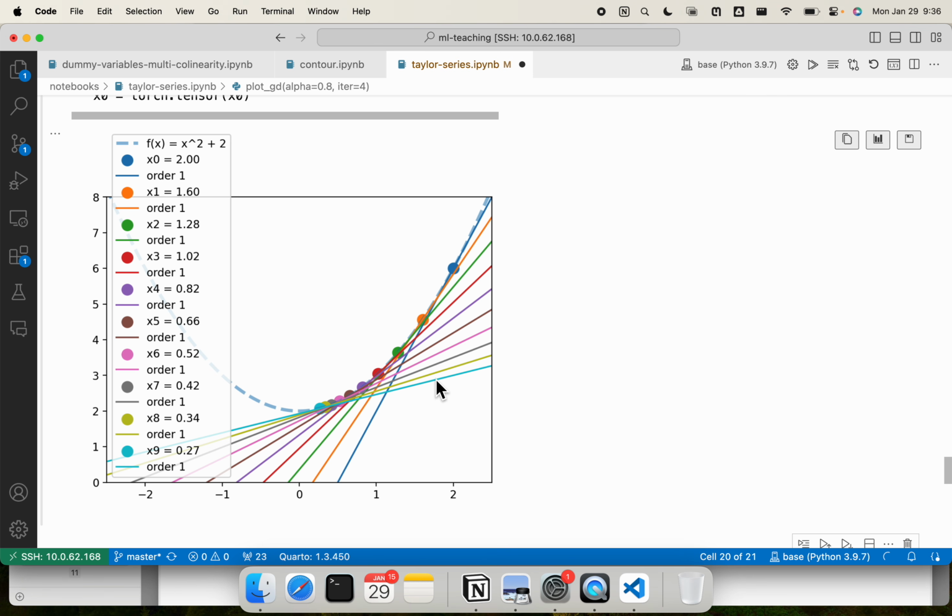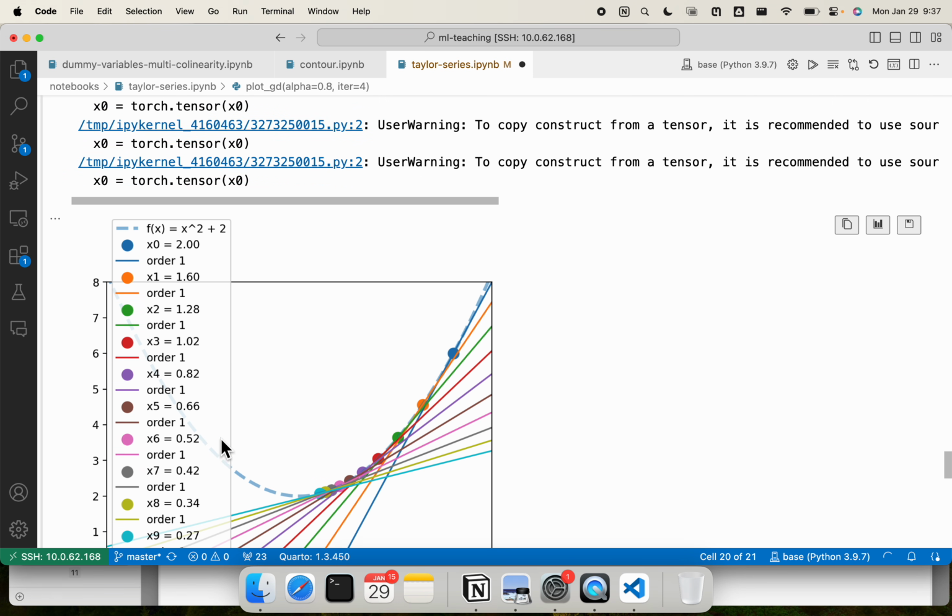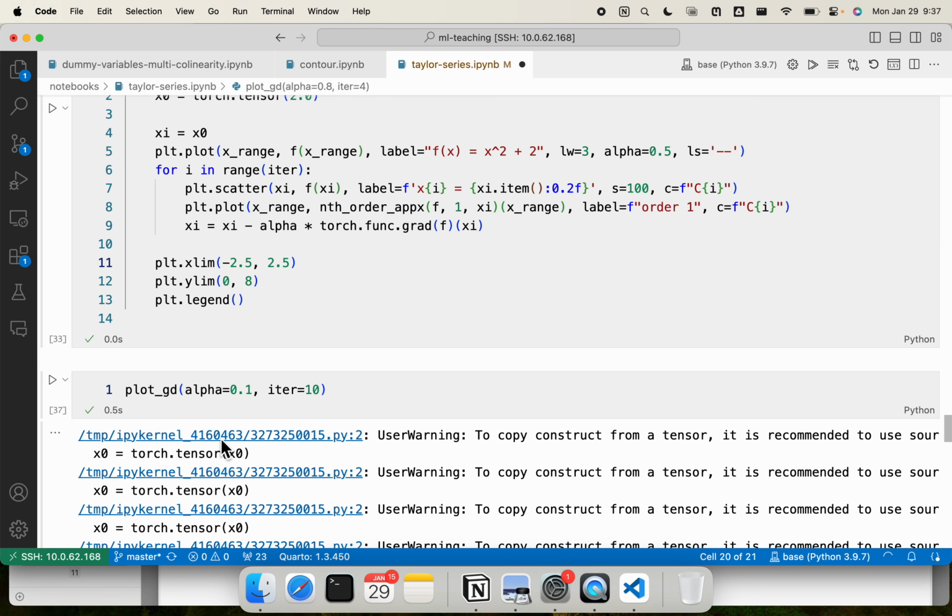You are also seeing that the gradient or the slope of the line which you are now drawing is gradually becoming close to 0, which means that you are coming close to the optima. In this case, it is a local optima. You can see that you have gone from 2.0 to 0.27 in 10 iterations, and the value of the function has reduced significantly. But this was with learning rate equal to 0.1.